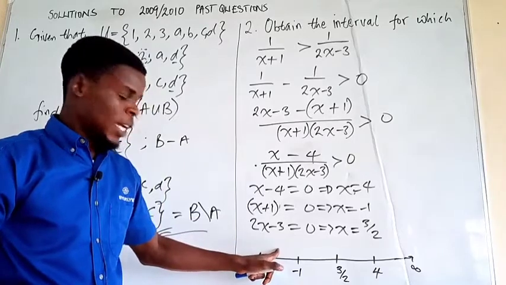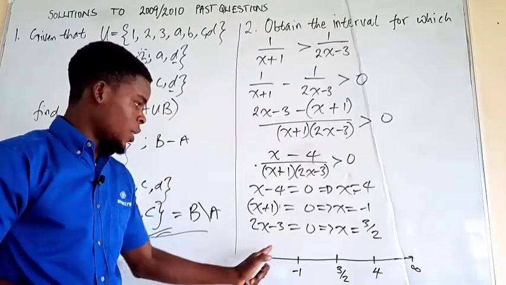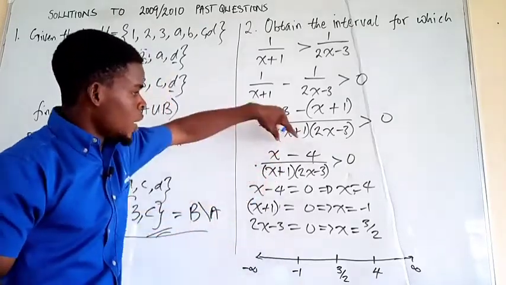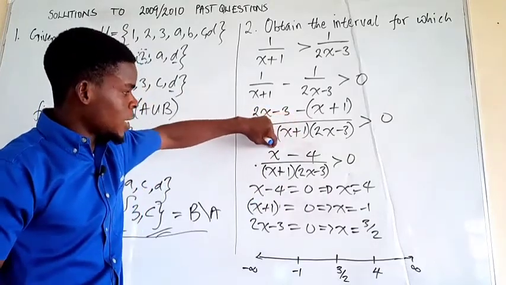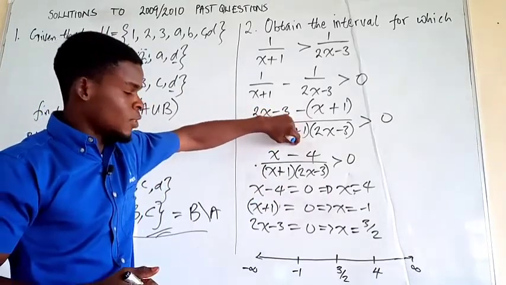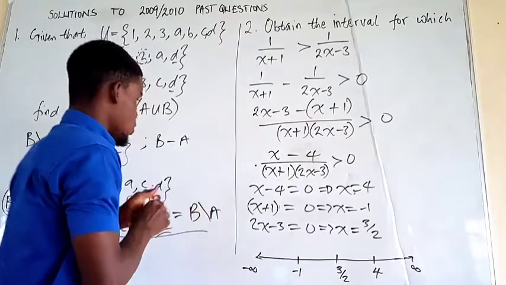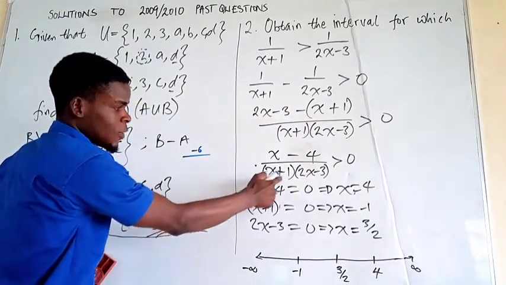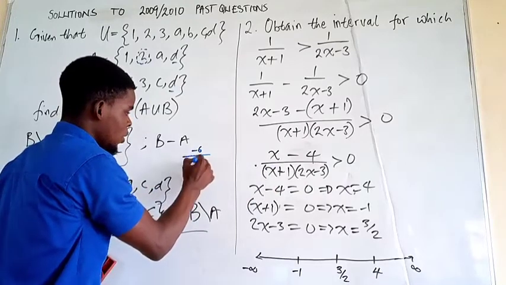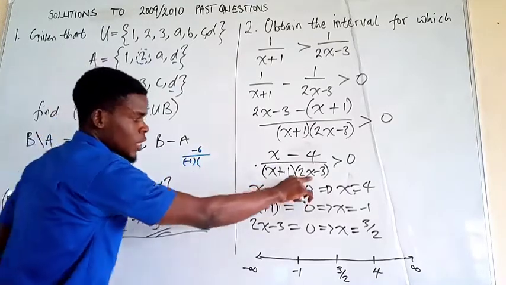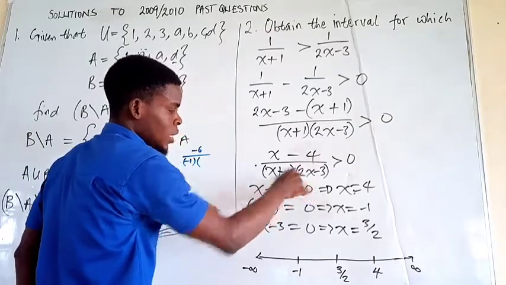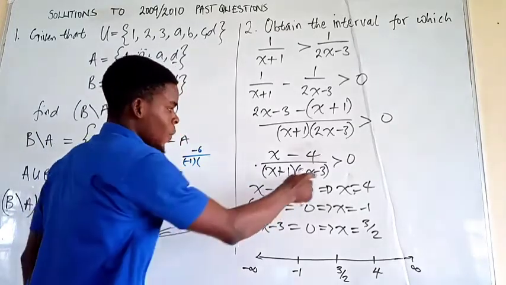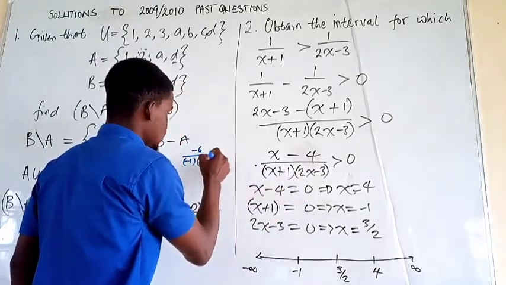For example, I'm going to pick negative 2 because negative 2 falls here. If I put negative 2 for x, that will be negative 6 on top. Let me just do some working. On the bottom, we have negative 2 plus 1, that will be negative 1, times negative 2 minus 3, that is negative 4 minus 3, which is negative 7.